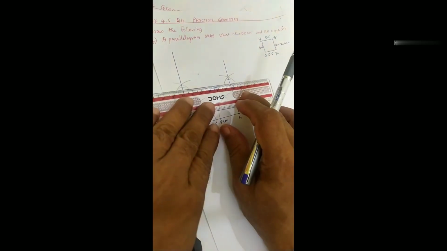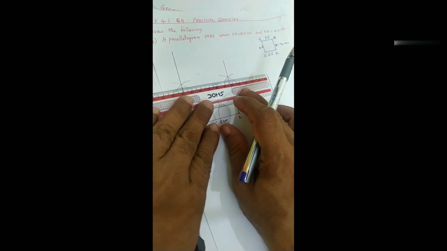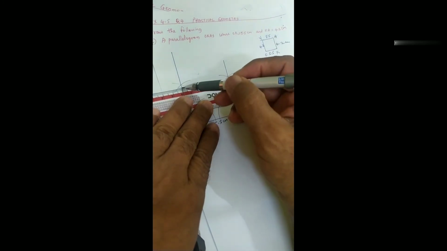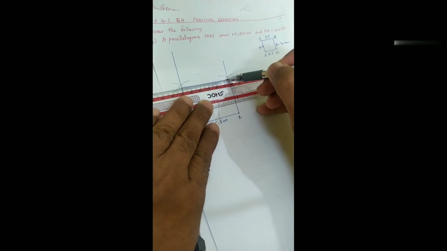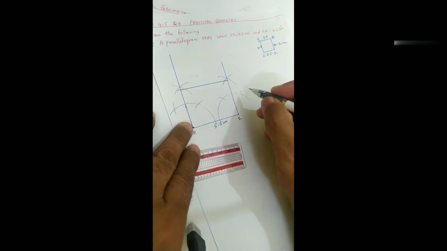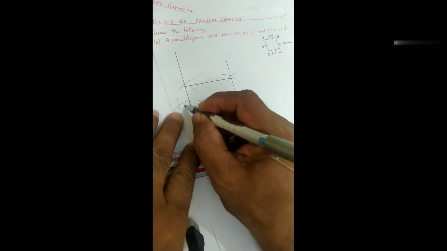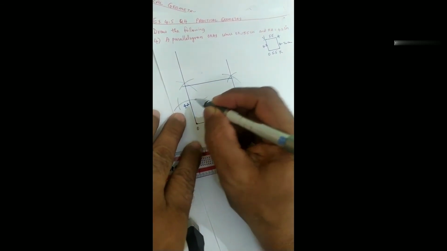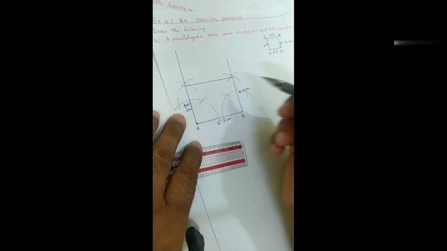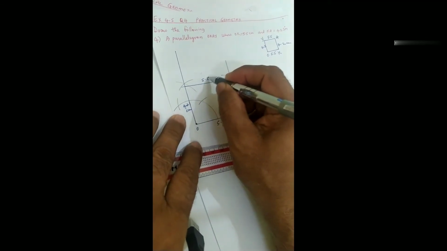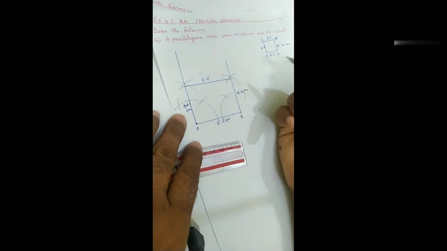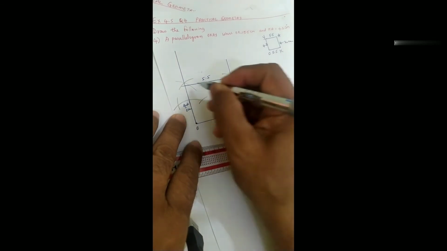We will join them. So this is 4.2 centimeters, this is 4.2 centimeters, and this is 5.5. So this is OKAY.